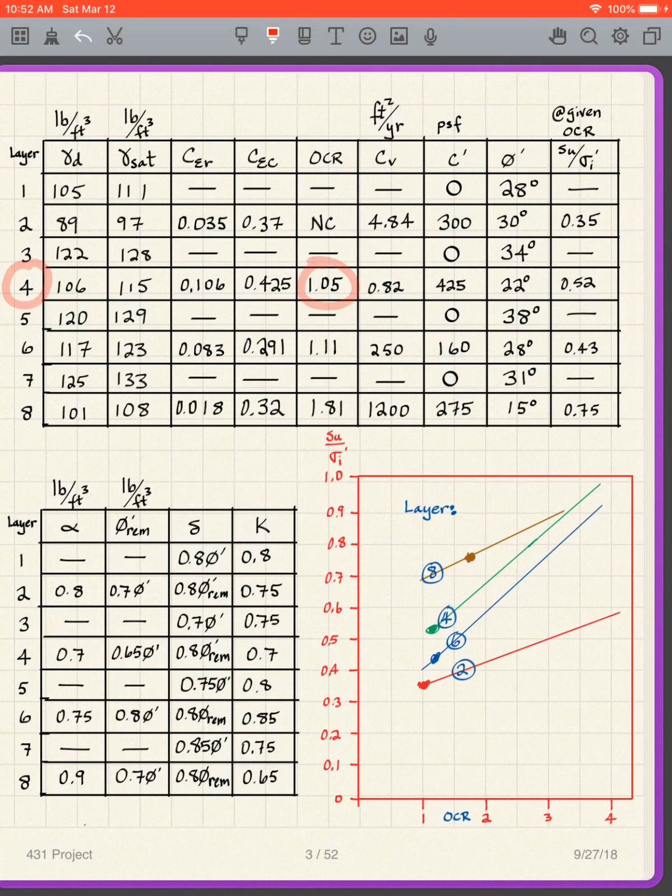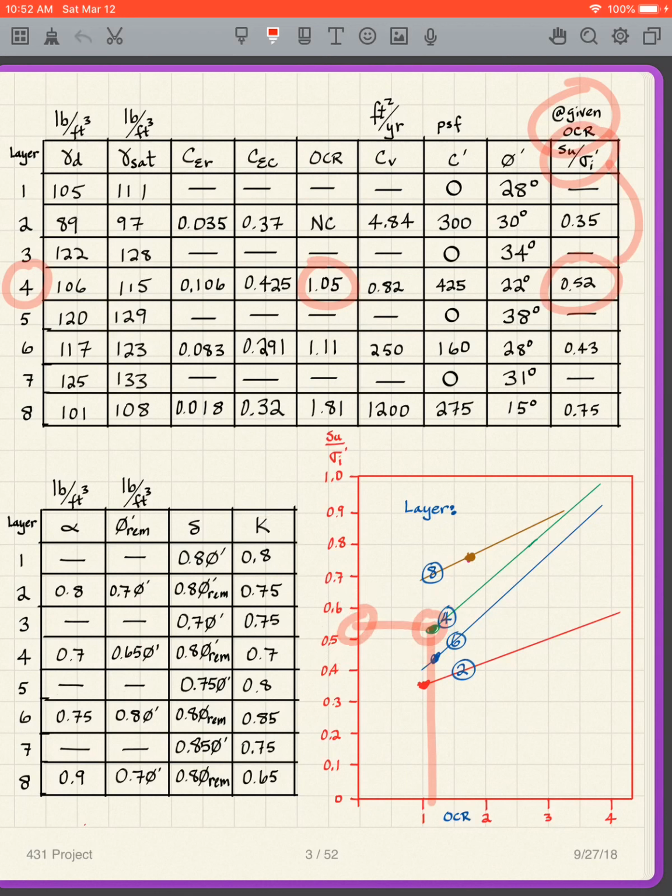So we can go down into this chart here, and we see this is the curve for layer 4, and our 1.05 is approximately in here. Takes me to that point. I can read it off like that, or it's actually given here, and we have SU over sigma prime I at that OCR given to be 0.52. In other words, that is the coordinate of this point.